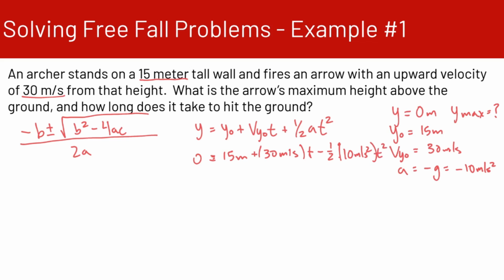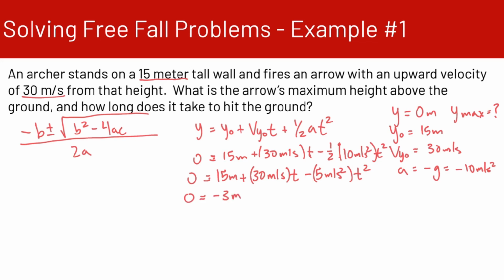Okay, so simplifying that a little bit, we have 0 is equal to 15 meters plus 30 meters per second times t minus 5 meters per second squared times t squared. Now notice that all these numbers are divisible by -5.